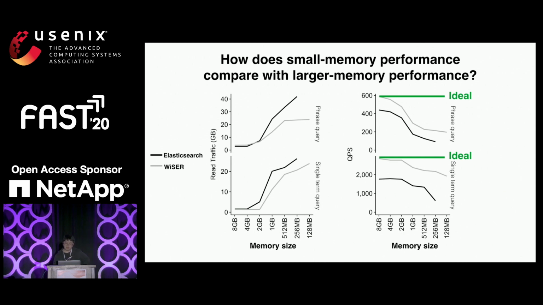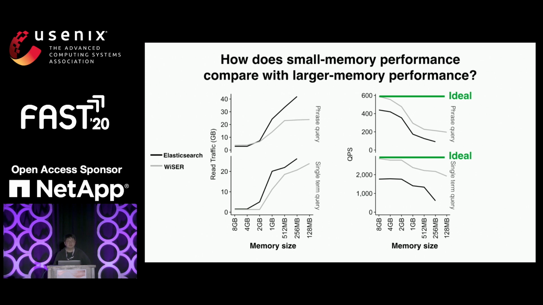I think if you look at the second graph, the right side there, the slowdown for the phrase query is sort of the same for the two search engines. And for the single term query, I think WiSER is better because reducing memory size has less impact on the performance. Right, which is of course the point you're trying to make.